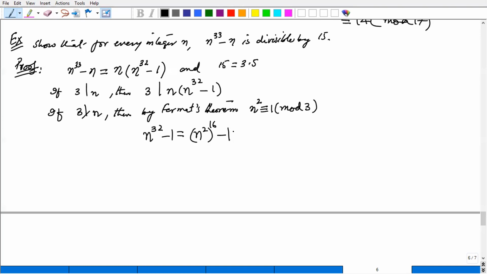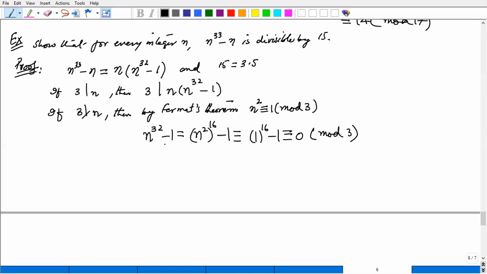Since n squared is congruent to 1 modulo 3, we use the congruence sign and have 1 to the power 16 minus 1, which is congruent to 0 modulo 3.